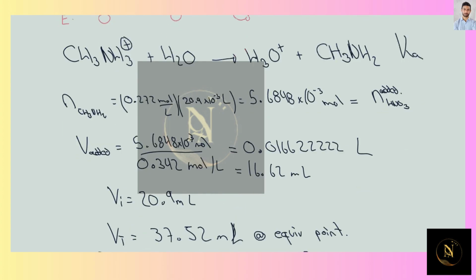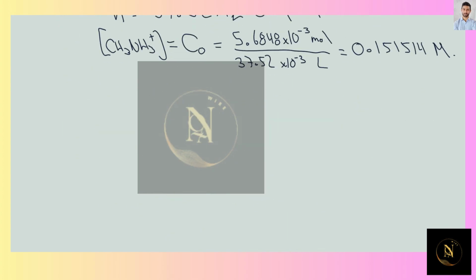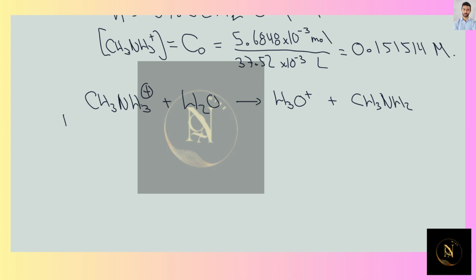So now with this information, we're going to turn back to our equation. For the reaction with water to produce H3O+ and methylamine, we're going to write down our ice table, where we have C0, water doesn't enter equilibrium, 0 and 0.